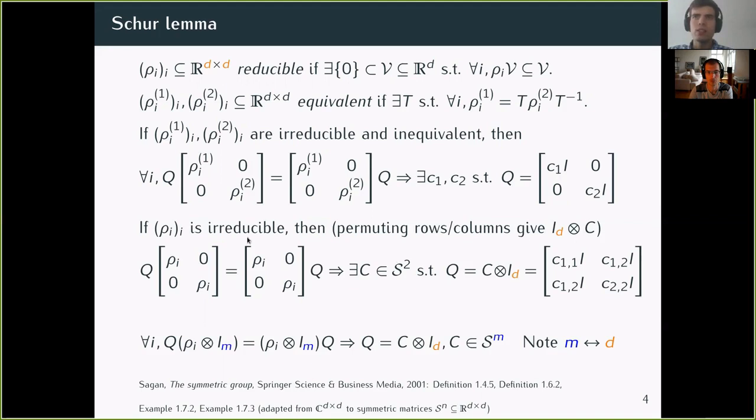So you have reduced your SDP to a PSD constraint of 2 by 2. In general, if you have M copies of rho_i, Q will be D copies of C, which is M by M. Notice that this is reversed: if you have many copies of some small rho_i, you will have a few copies of some big C. So what you prefer is to have few copies of big rho_i so that you have a small C. Note this inversion, we'll come back to it later.